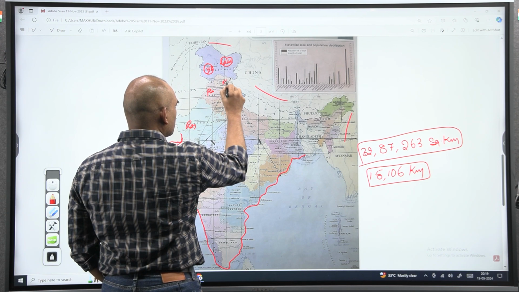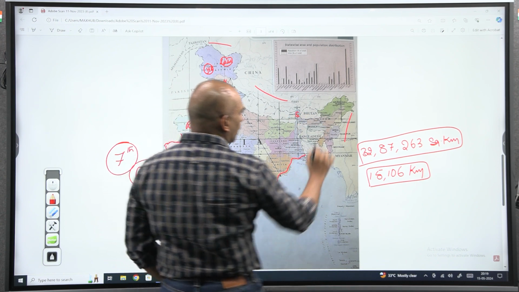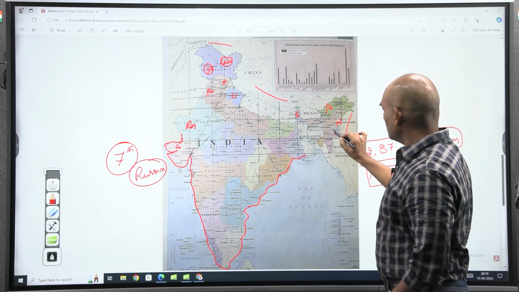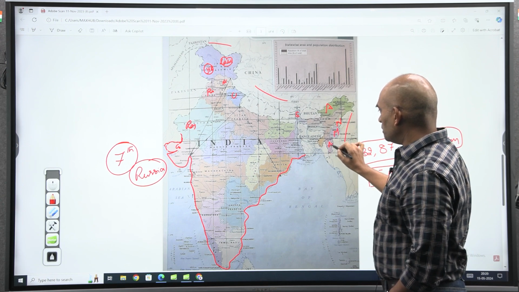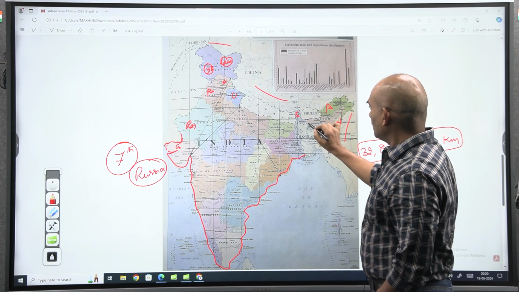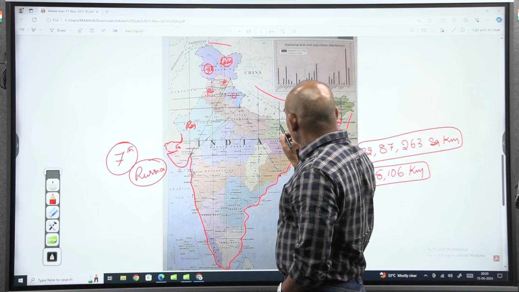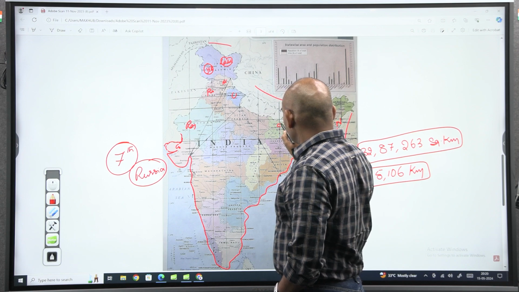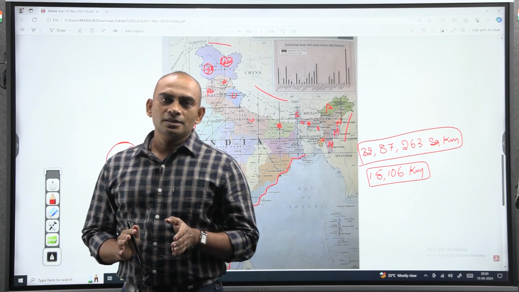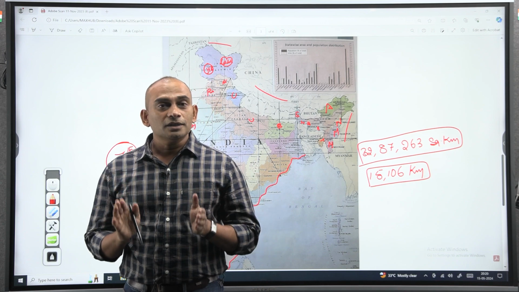This one is Himachal Pradesh and this one is Uttarakhand, and here this is Sikkim, Arunachal Pradesh, and this one is Nagaland, and this one is Manipur, and this one is Mizoram, and here it is Tripura and Meghalaya, and here it is Assam, West Bengal. And if you look at this region, this is Bihar and Uttar Pradesh. So all these states are sharing an international border with other countries.